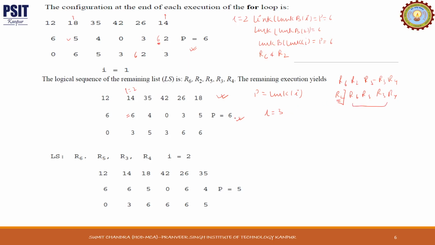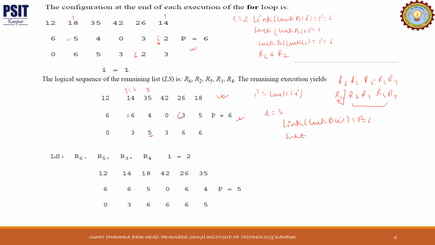So for I is equal to 3, let's see. Again, link B of I is equal to P, that is equal to 6. So this is 3. And link B of 3 is 5. It means link of 5 is 6. So this will become 6.